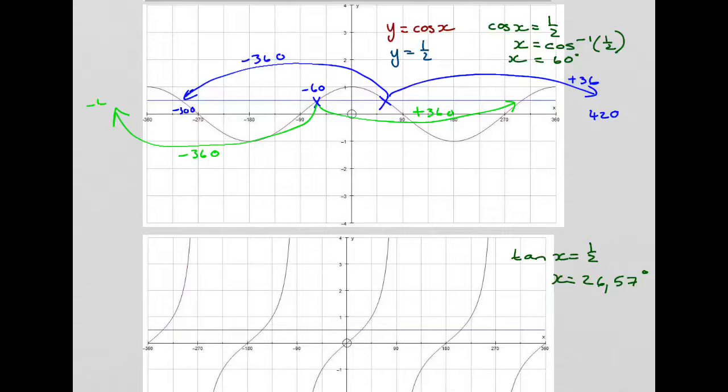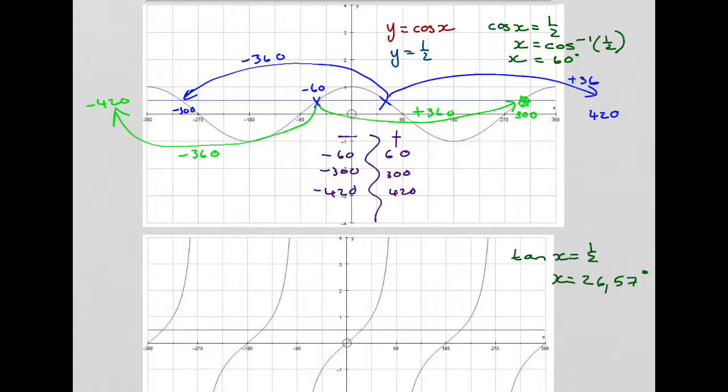Right, so that'll be negative 420. So in this case, this one over here is 300. So we have negative 60, positive 60, 300, negative 300, 420, negative 420. So it's the same, but positive and negative.